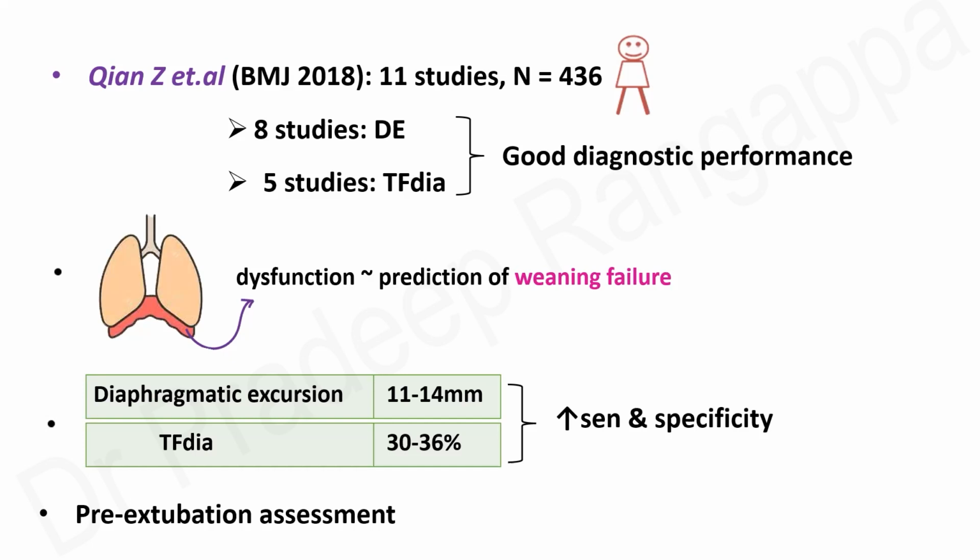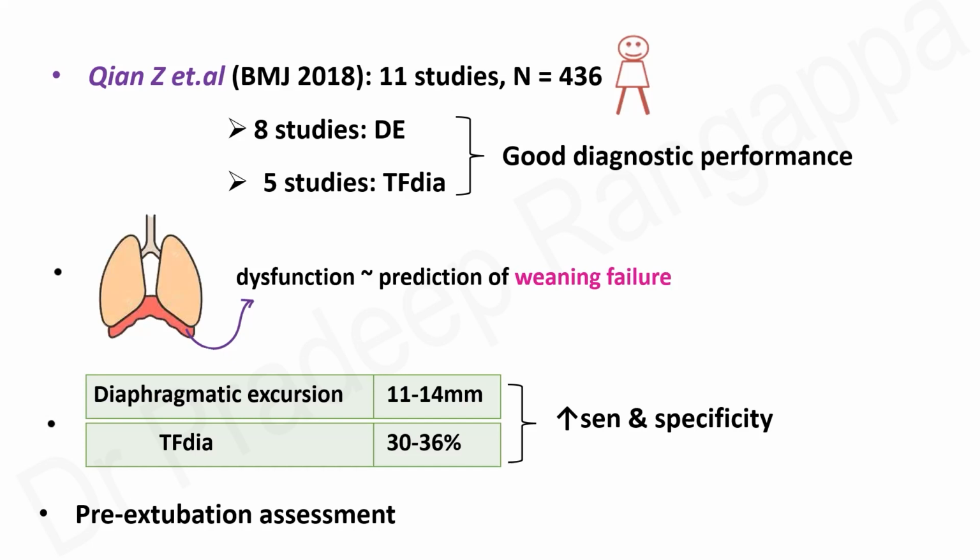As I said, we used these indices, which were very useful especially in myasthenia gravis where the diaphragm was involved. These weaning indices really helped us in successfully extubating our patient without getting into a crisis situation.